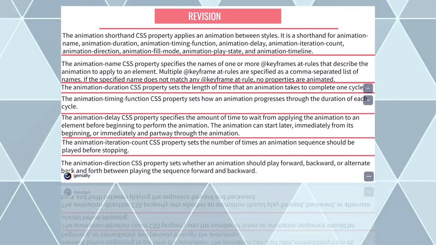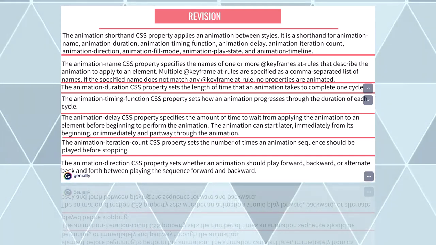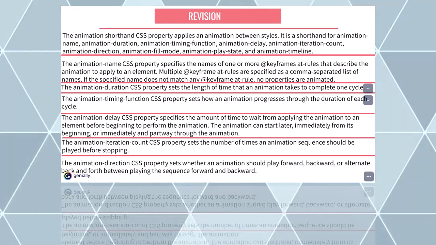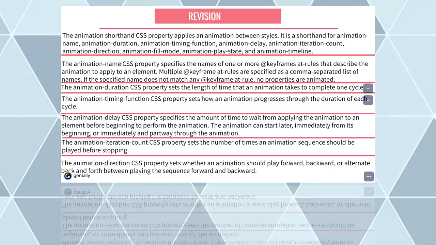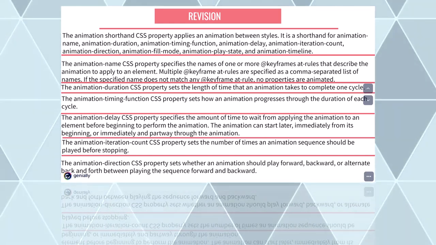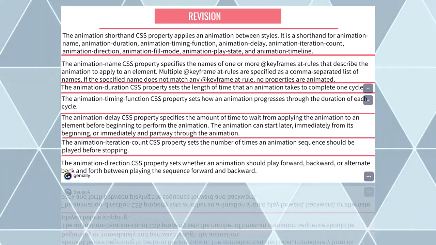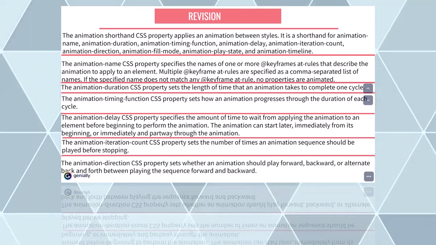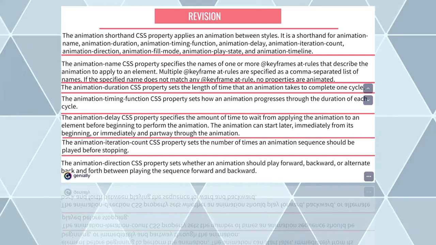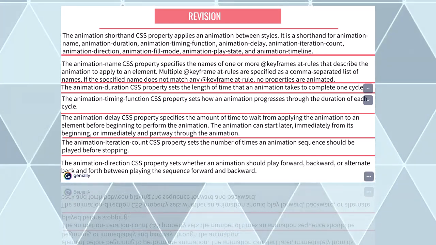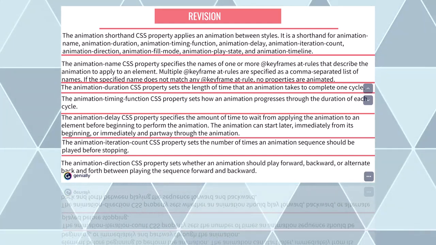Okay. So the animation timing function CSS property sets how an animation progresses through the duration of each cycle. And we remember on the duration we gave it 4 seconds, the time it will take to finish, right? But in between that, there's a timing function. How should it start and how should it end? Should it start fast or should it end slow?